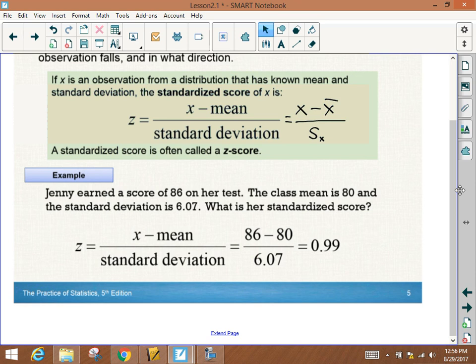For now, we just want to interpret a z-score, or standardized value, in terms of what it tells us about the location of this particular data point.